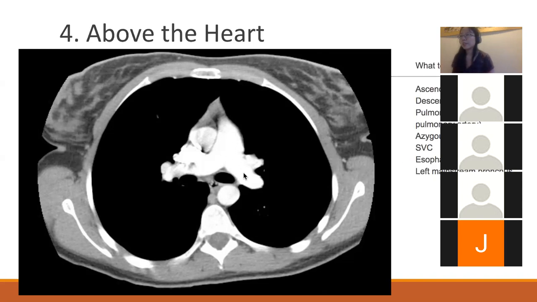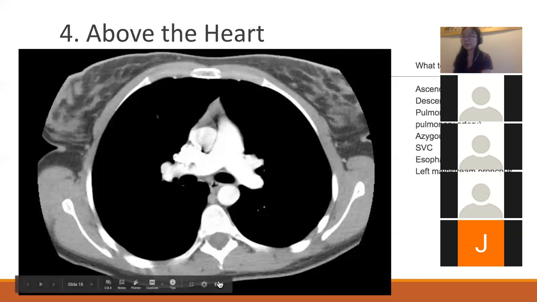The left pulmonary artery is always going to pass superior to its primary bronchus, the left primary bronchus, and the right side is always going to be anterior. So you can see that if this is anterior and this is posterior, this right pulmonary artery is passing anterior to its primary bronchus. That's how, even if this slide got turned around or flipped upside down, we could still orient ourselves.